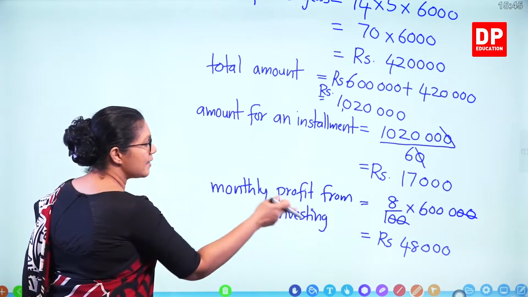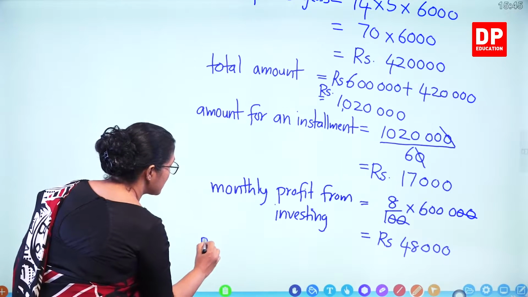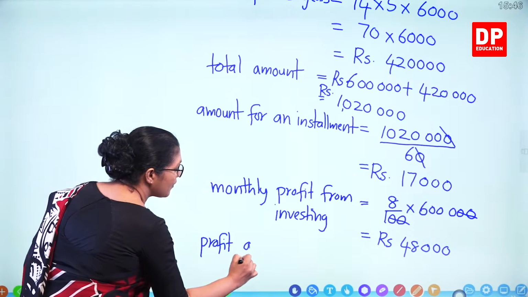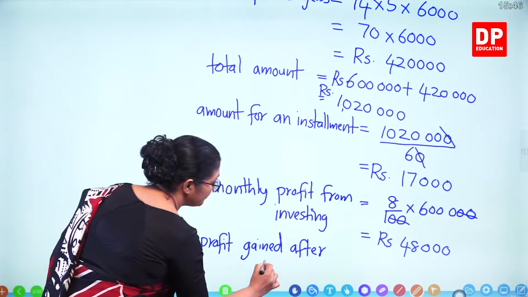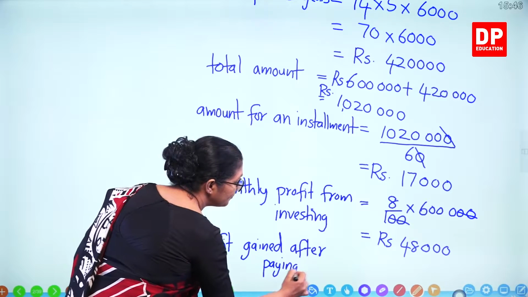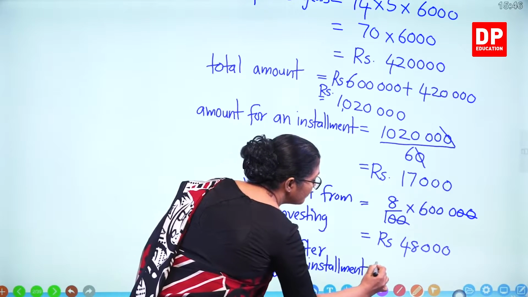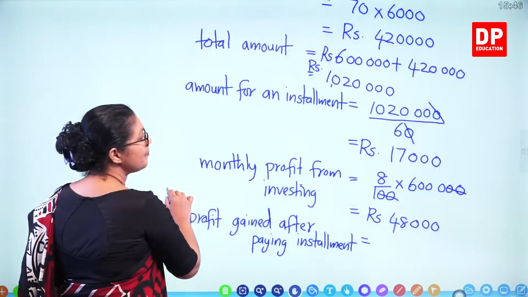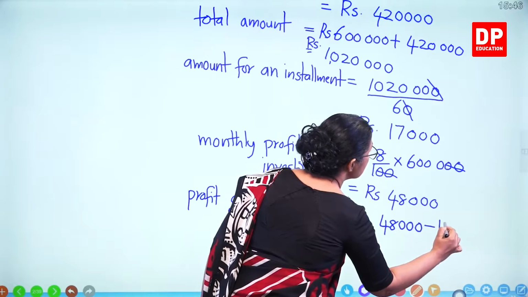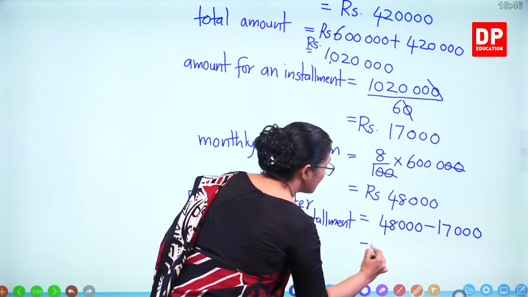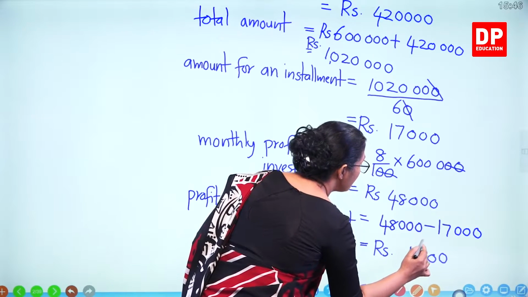So after paying this amount, what is the profit gained? What's the profit gained after paying the installment? So what's the value? 48,000 minus 17,000. 3 zeros and here 1 and 3.